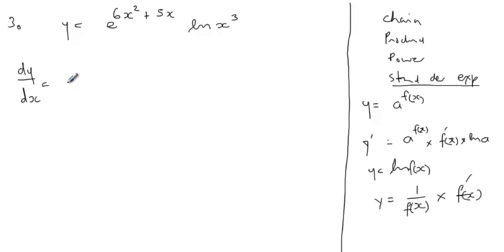Yes. e to the power 6x squared plus 5x, multiplied by 12x to the power 2 minus 1, plus 5. Let's put this in brackets.